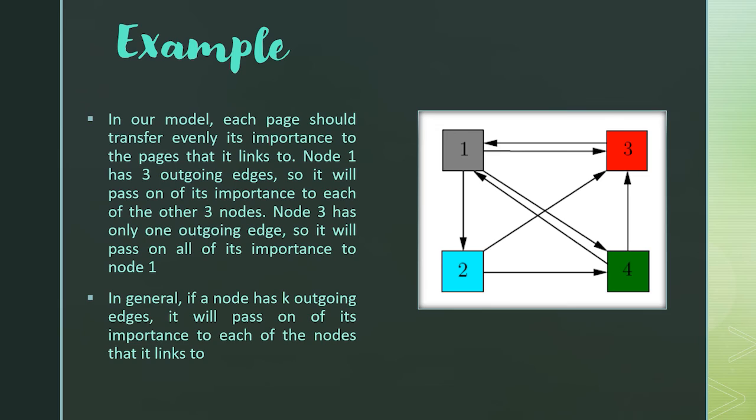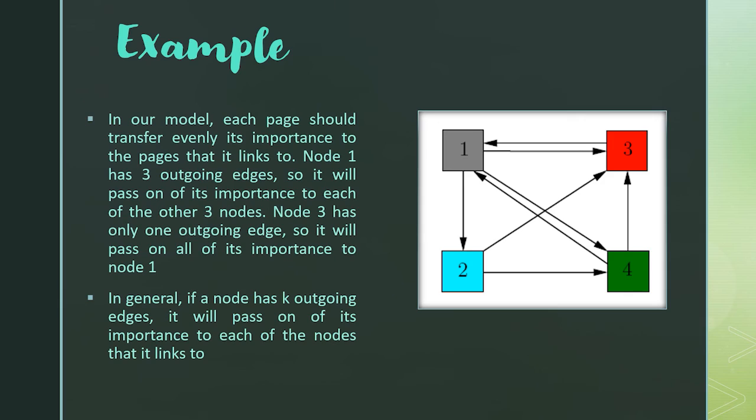Node 1 has 3 outgoing edges, so it will pass on 1/3 of its importance to each of the other 3 nodes. Node 3 has only 1 outgoing edge, so it will pass on all of its importance to node 1. In general, if a node has k outgoing edges, it will pass on 1/k of its importance to each of the nodes that it links to.